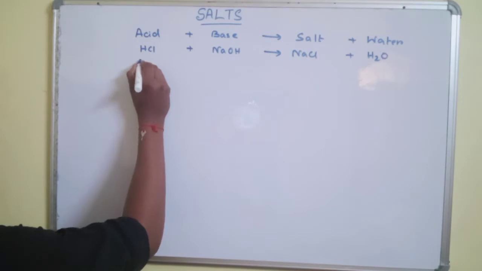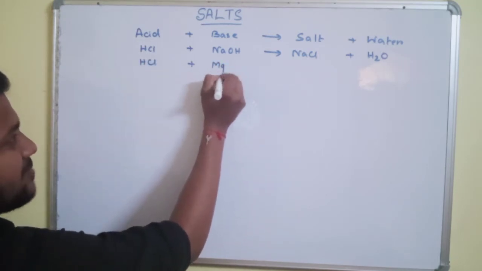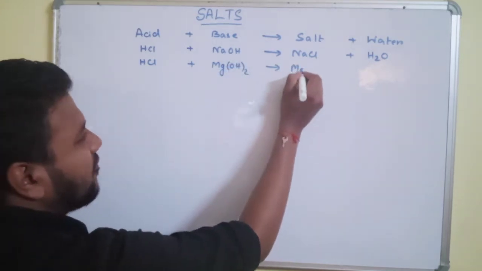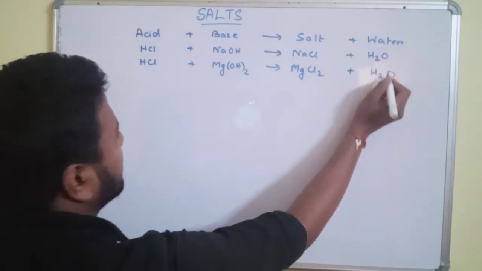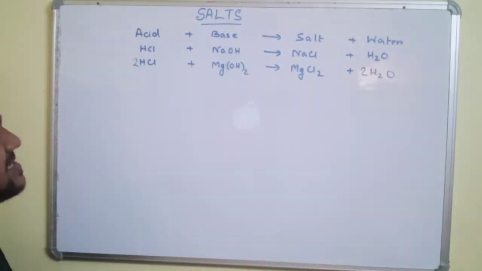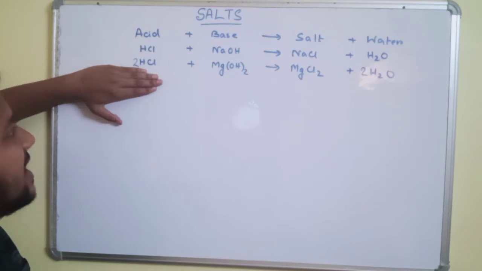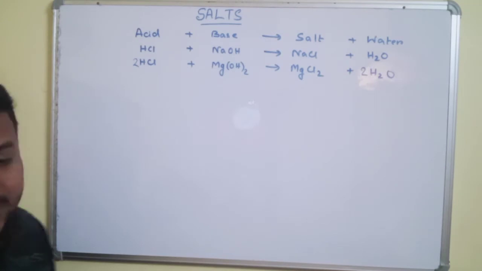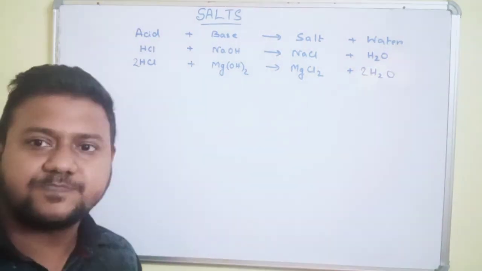Moreover, when we take the same acid and react with another base Mg(OH)2, we observe the formation of MgCl2 with the liberation of water. Clear? So we can see that if we take hydrochloric acid, then we obtain a salt that is chloride. We obtain a salt which is chloride salt.